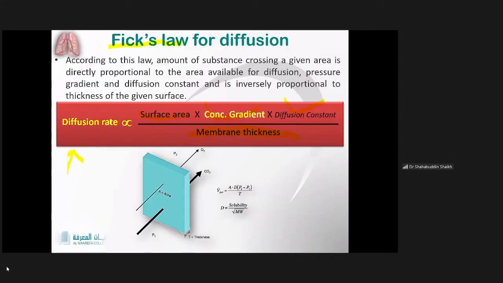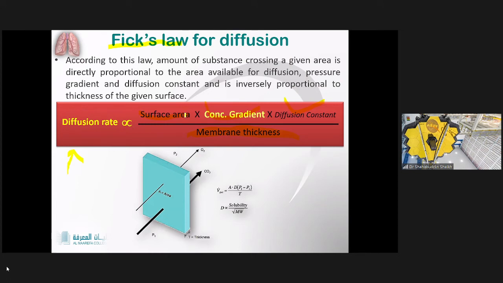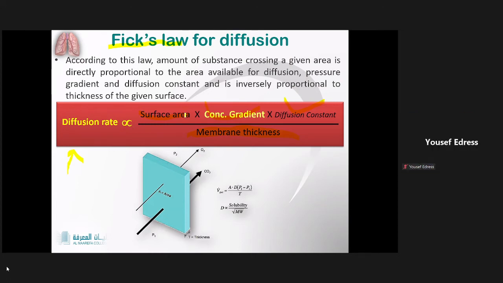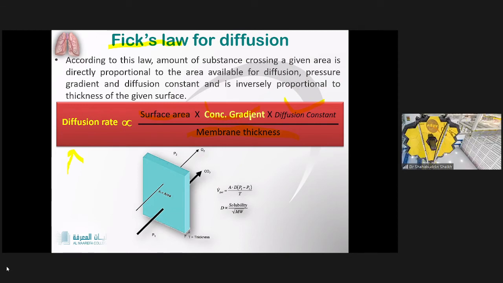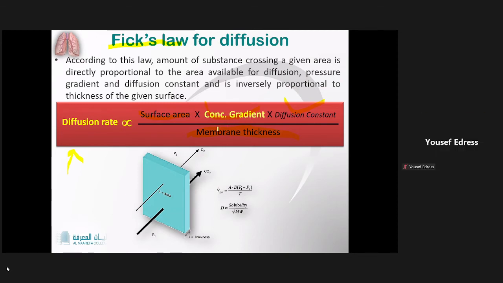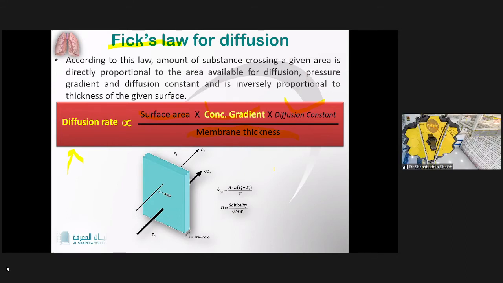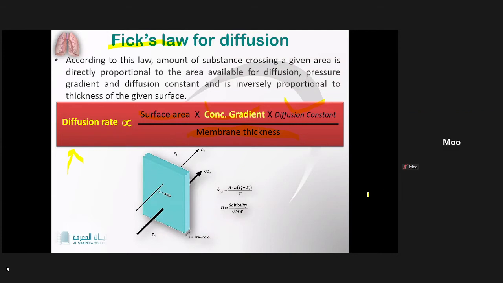Now, the second thing to remember about these factors. What will happen to diffusion when there is an increase in surface area? Diffusion increases. An increase in concentration gradient? Diffusion increases. An increase in membrane thickness? Diffusion decreases.